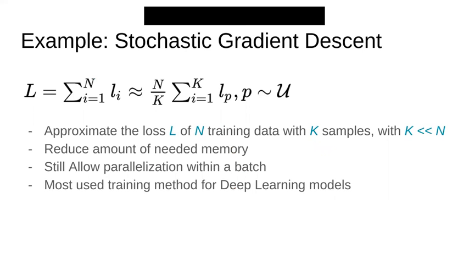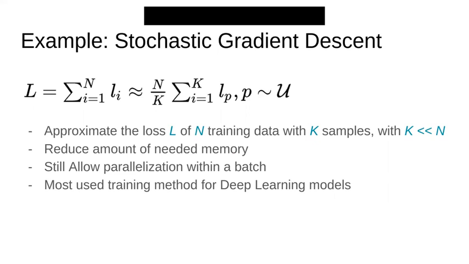An example of this kind of approach of using Monte Carlo sampling for reducing computational cost is stochastic gradient descent. If you think about stochastic gradient descent, what we do is, instead of computing the entire loss on all n samples, we select a subsample of these n samples.